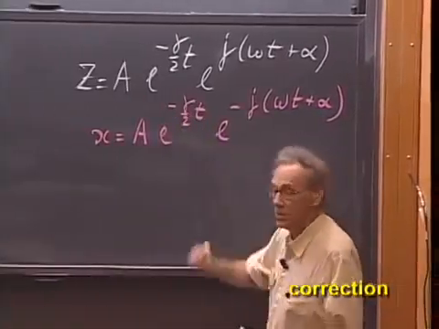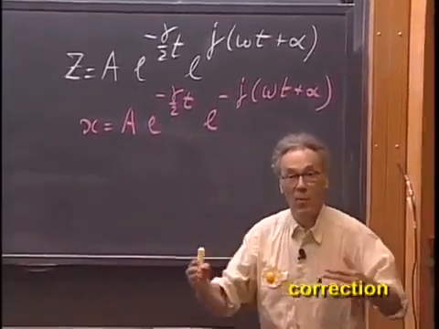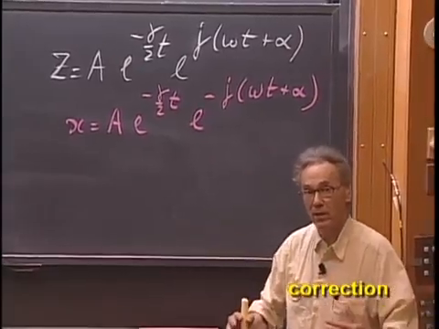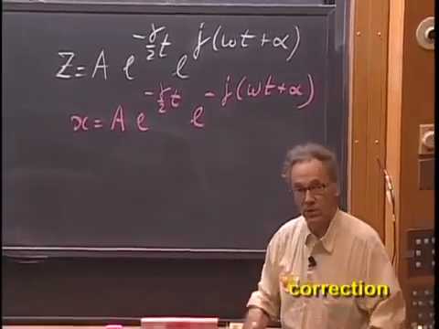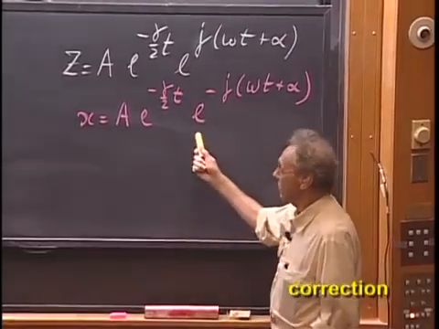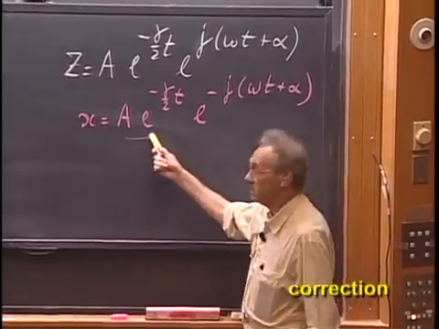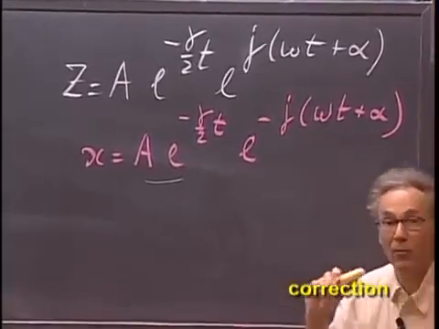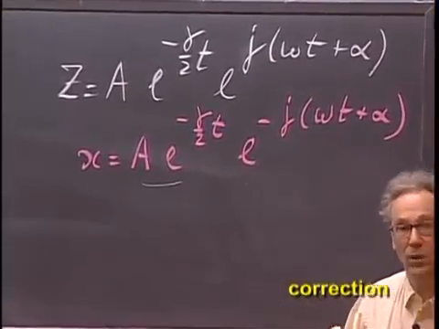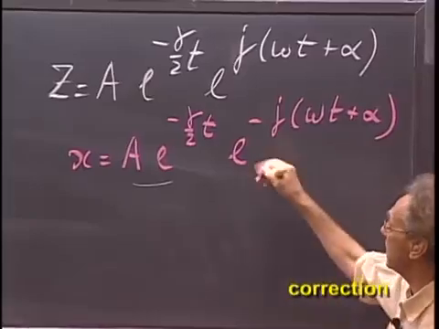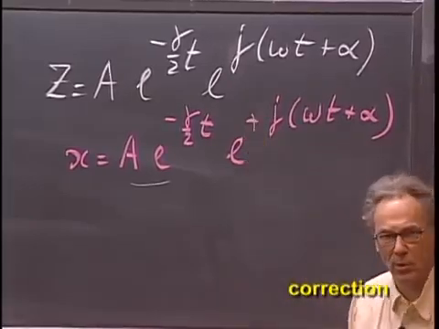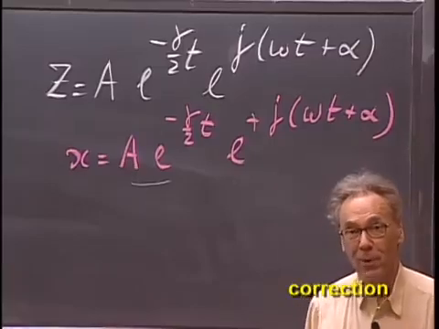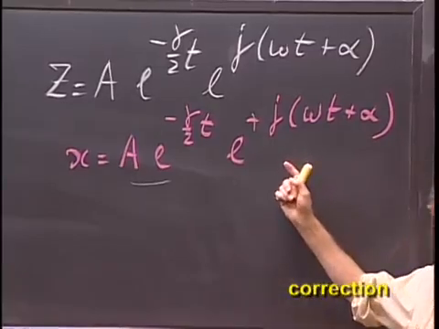That's perfectly okay. And then I went back to the real world, going from z, the complex plane, to the real part of z. And what did I write down? This is fine. But then I wrote down e to the power minus j omega t plus alpha. Now, first of all, there should not be a minus sign in front of the j. That's not a major problem. But I do not take it out of the complex plane. I leave it in the complex plane.